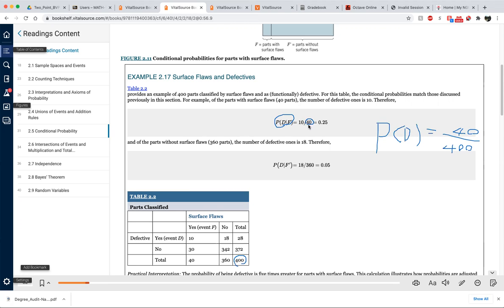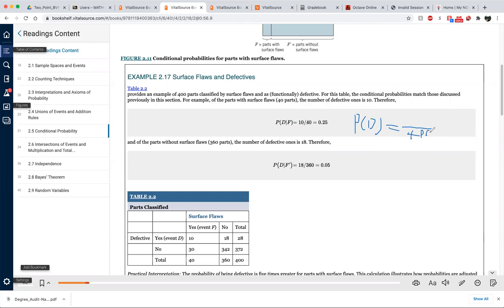Instead of the total number of outcomes in the sample space, we put the number of parts with a surface flaw. Sorry. Here, the probability of D, defective, is the total number of outcomes in event D divided by the total number of outcomes in the sample space, which is 400, right?